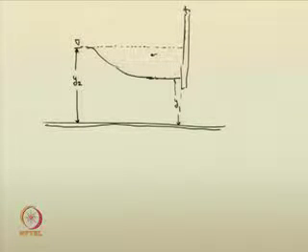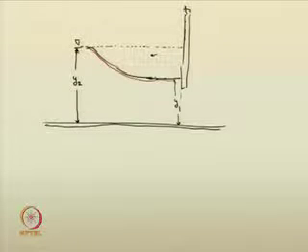When you assign these values, the profile of the wave is from y 1 to y 2 like this. This is your profile. I can devise the profile now using the same differential equation.